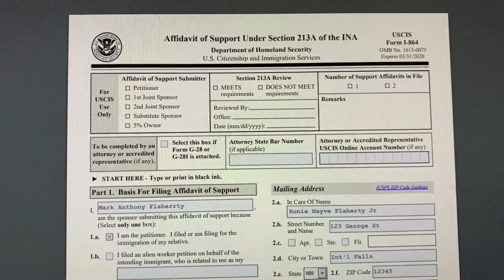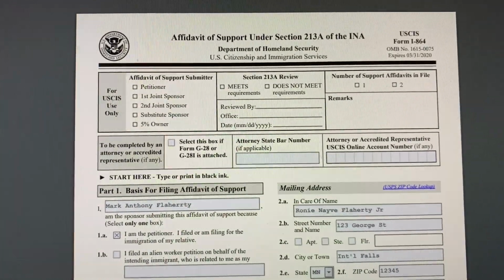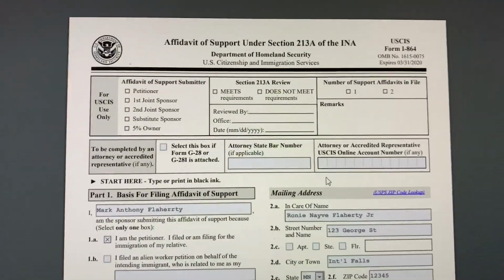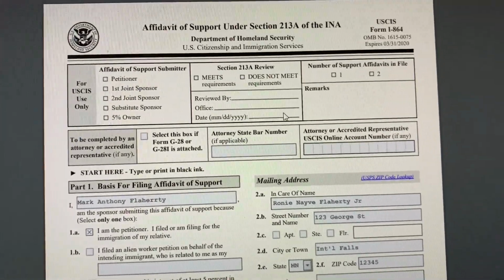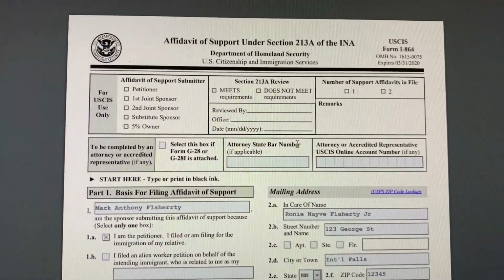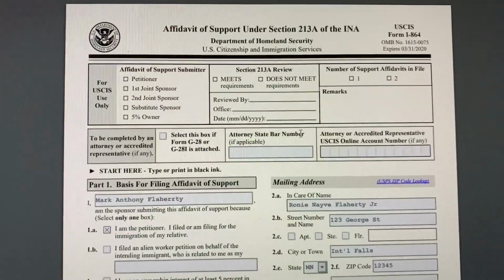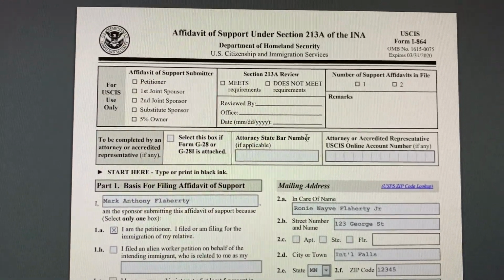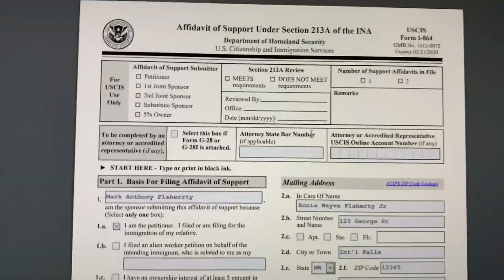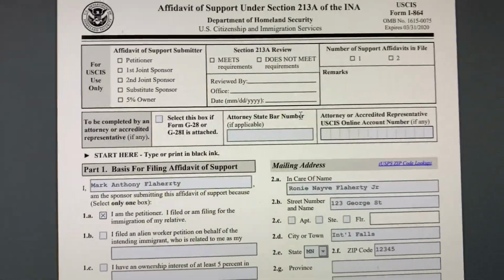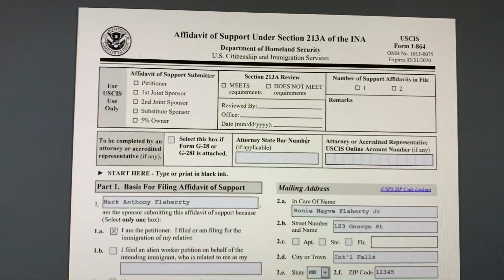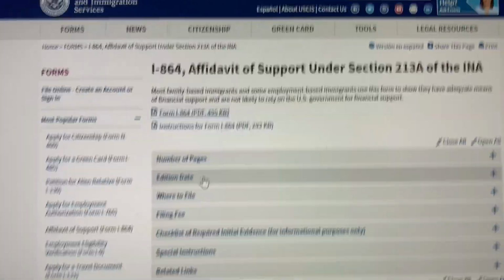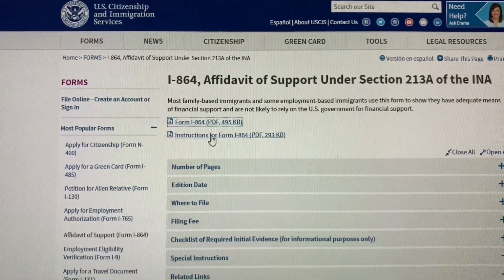So just to be clear, I'm not responsible for any inconvenience that you experience in the future if you didn't read this carefully, because this form varies for every person, every sponsor. If you meet the poverty line or exceed it, just read the instructions. This is just the guide. Read the instruction of Form I-864.